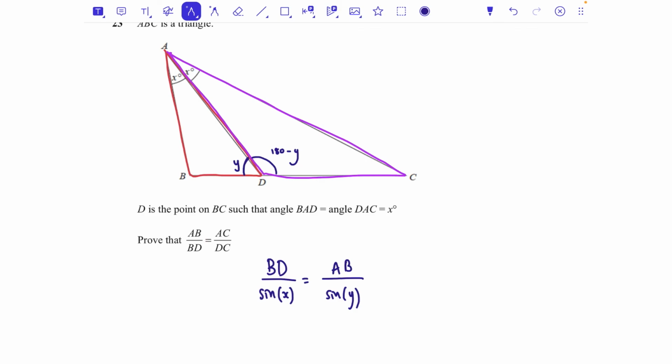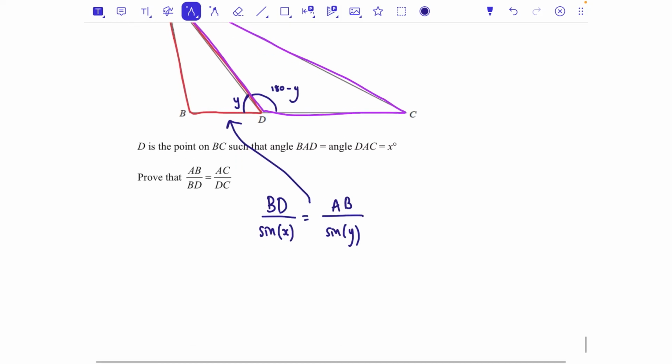So that is just the sine rule using the information that we've been given, and that's looking at the red triangle. Okay, if I rearrange that, I can multiply sine y up and I can divide BD down, and so I get sine y over sine x equals AB over BD. So that's looking at the red triangle.